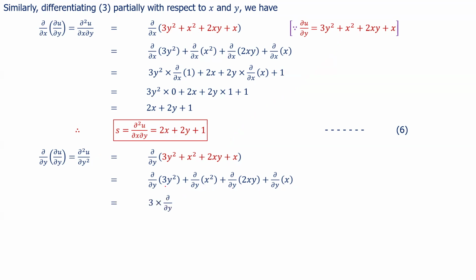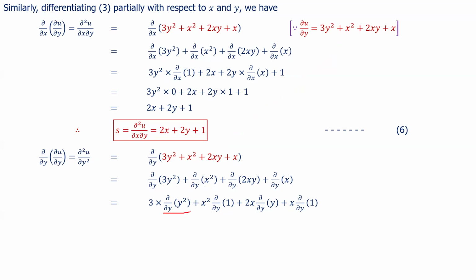In 3y square, 3 is a constant, so we take the partial derivative of y square. In x square we can take x square outside, with the partial derivative of 1. Here we can take 2x outside, with the partial derivative of y, and we can take x outside, with the partial derivative of 1.